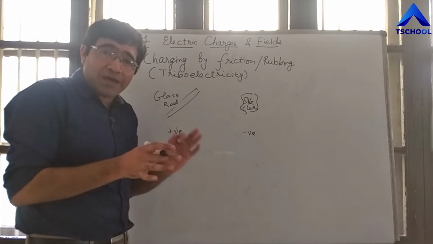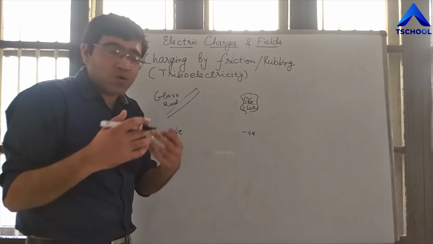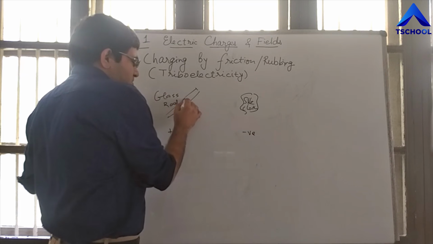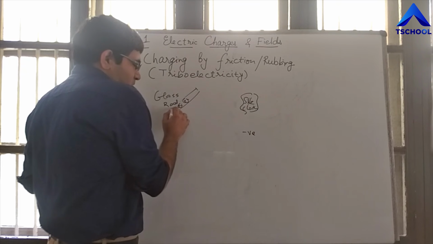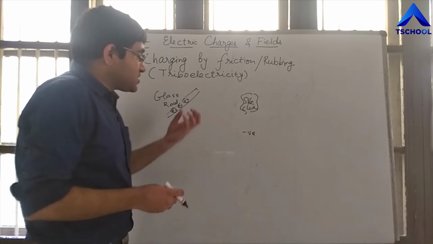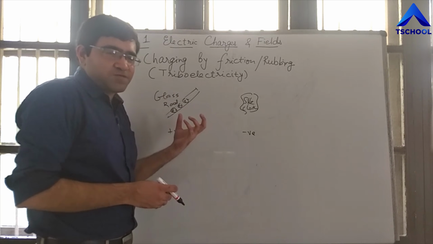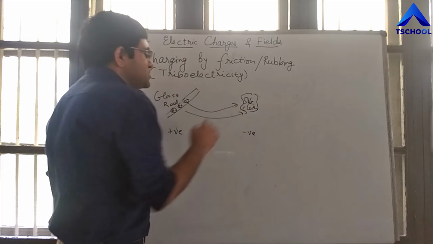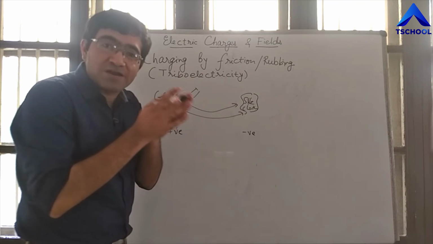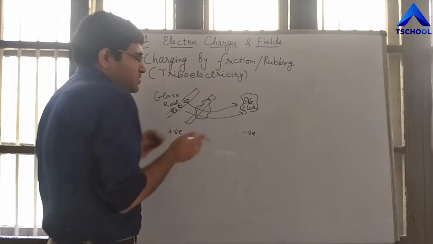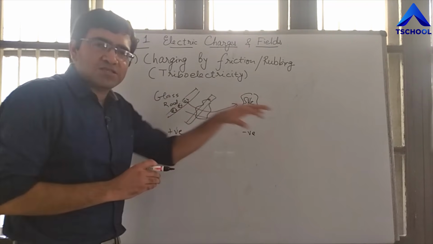So what is really happening, and we know that now, is that some of the electrons present inside this glass rod, obviously every object is made up of many atoms, and these atoms have lots of electrons. Some of those electrons go to the silk cloth when they are in contact. When you are rubbing these two against each other, that is when the transfer occurs.